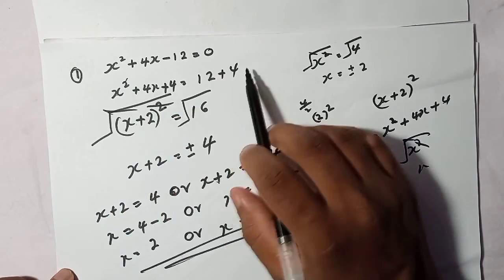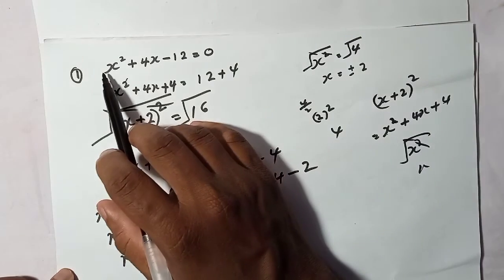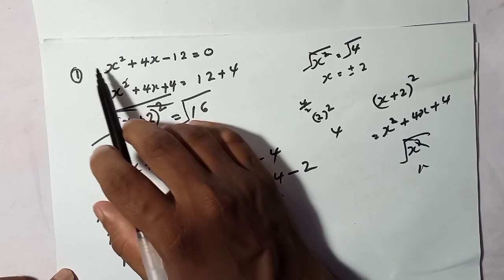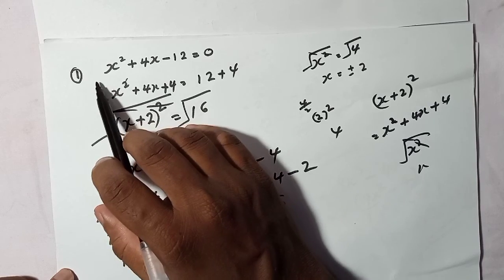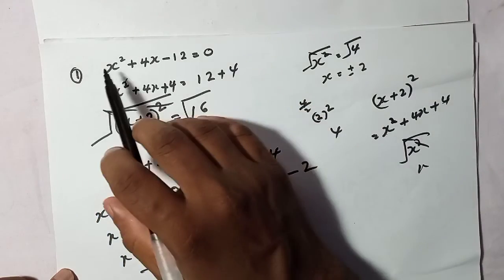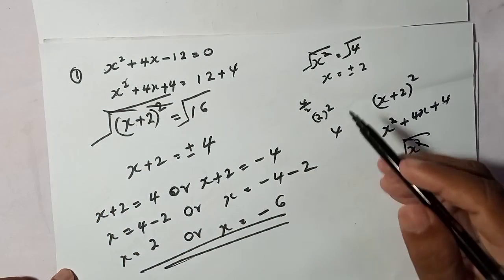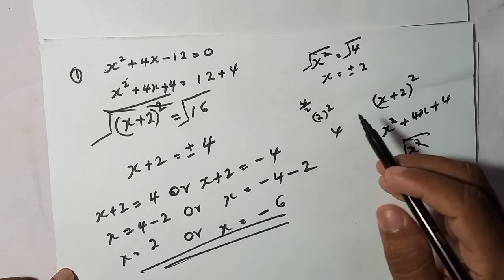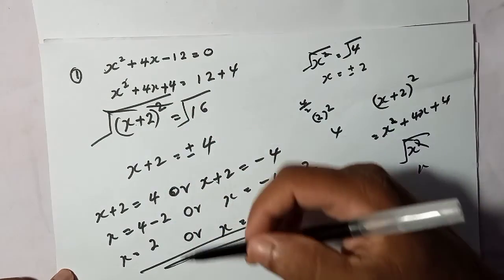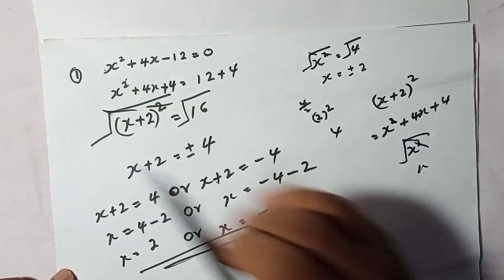Then you can follow this method. Otherwise you have to make it 1. If you have 2 or 3 or 5 or something like that here, you should divide all terms by that number and make it only 1. I will do that type of question next, then you can understand. So keep in mind, to apply this complete square method, here must be 1, right?